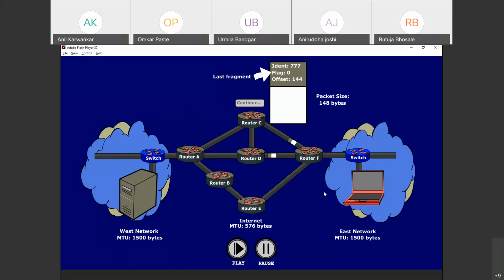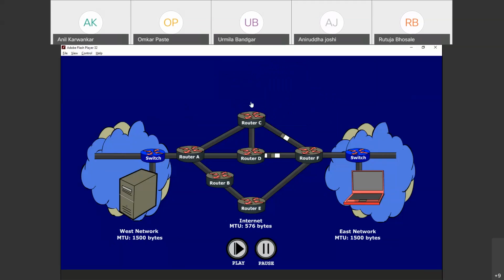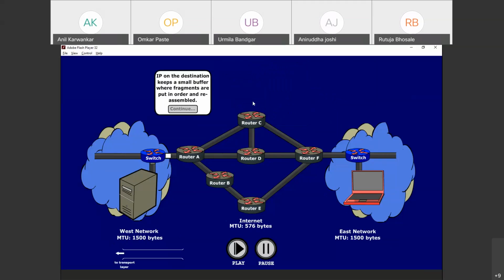Then two different packets will have a path switch, router F, router D, router A. All these three packets will be available in the buffer memory of the west network. See here, three different packets. All these three different packets are kept in the buffer. They are put in order.